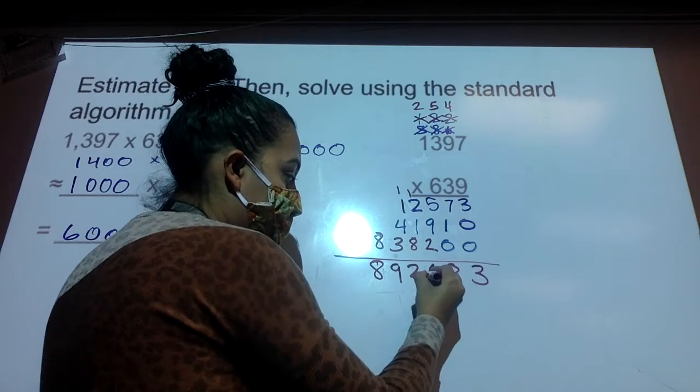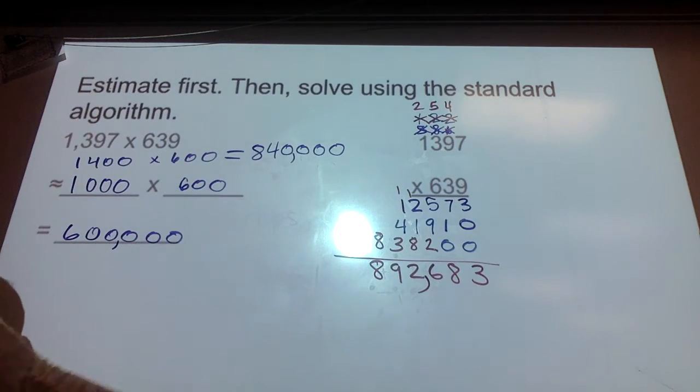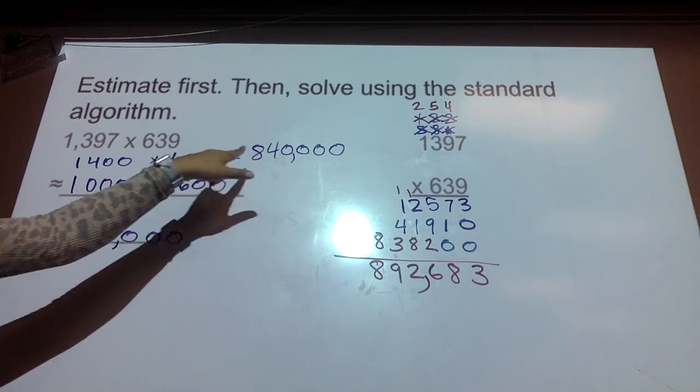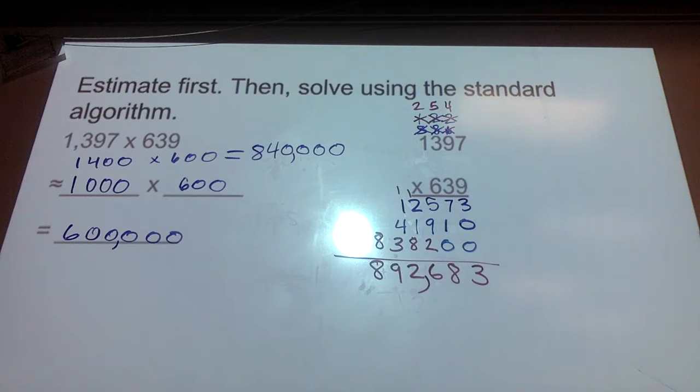So we have 892,683, which is pretty close to our estimate of 840,000. It's close.